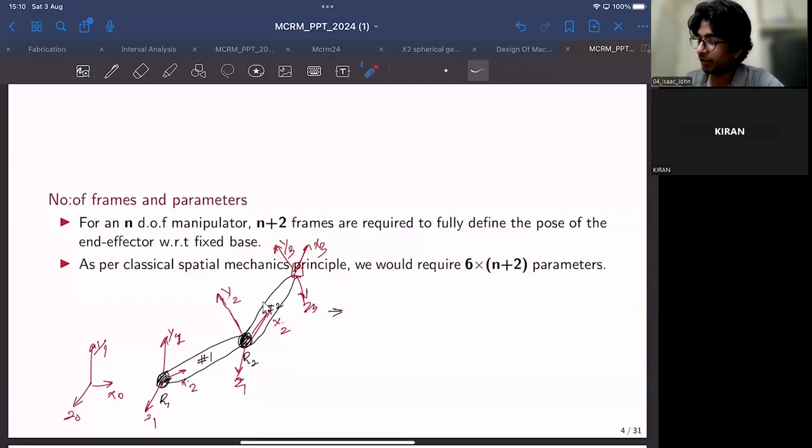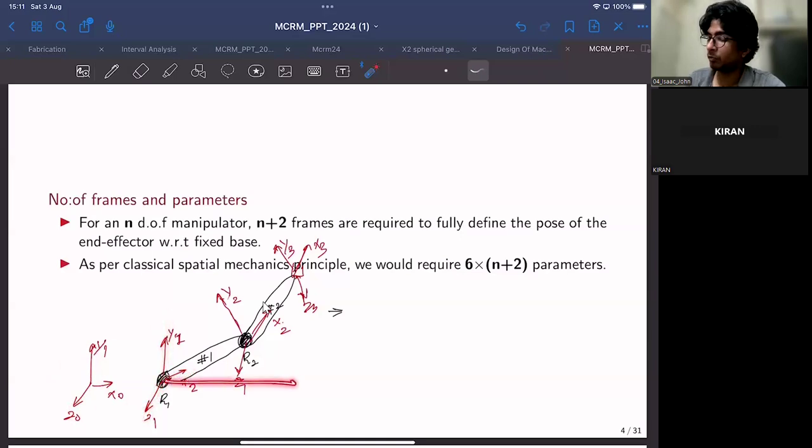And if you have n+2 frames of reference, how many parameters would you require to establish the relationship between all these frames of reference? Because typically a frame of reference can have 6 degrees of freedom, right? If you consider the 0th frame to be fixed to the ground, the first frame can have 6 degrees of freedom.